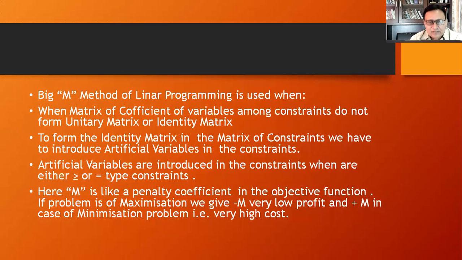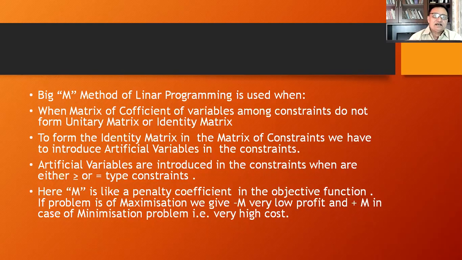So what do we mean when I say the Big M method? Here M is like a penalty coefficient in the objective function. If the problem is of maximization, we give the minus M penalty. Minus M means M is a very, very high penalty. If minus M is there, it means we are getting a low profit. And if plus M in the cost minimization problem is there, then it means it is a very, very high cost.